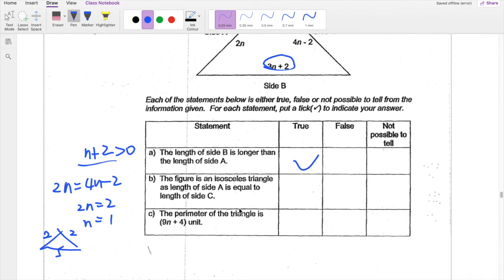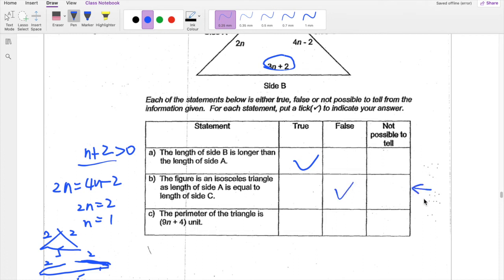Actually, we see that it's wrong, right? With 2, 2, 5, they cannot form a triangle because the sum of these two sides is less than the third. For a triangle, any two sides must sum to more than the third side. So this one should be false.